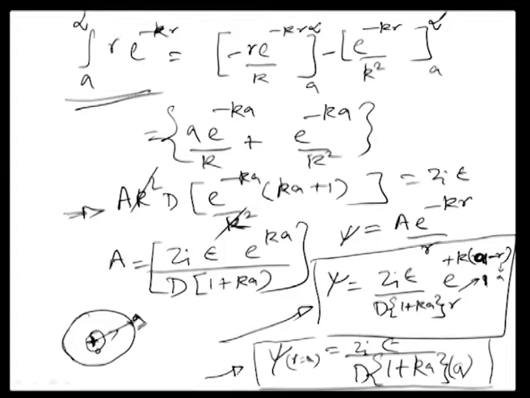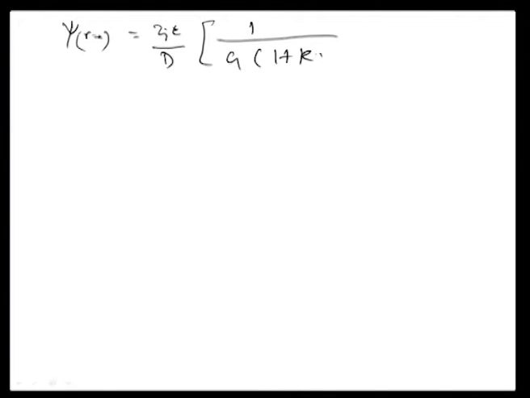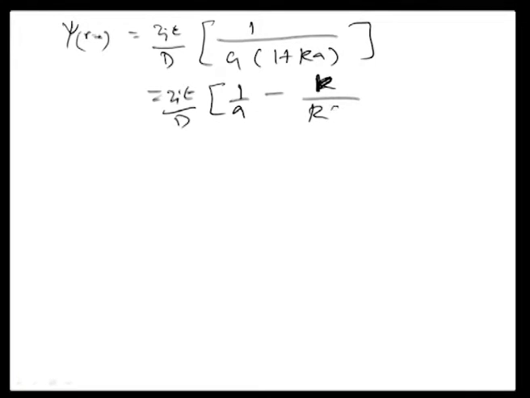We can further split this into a partial fraction and look into what components go into formulating the potential at the point A. So, xi at r equal to a can be written as zie epsilon by d times 1 divided by a times (1 plus ka), meaning it can be zie epsilon by d times (1 by a minus k by (ka plus 1)).